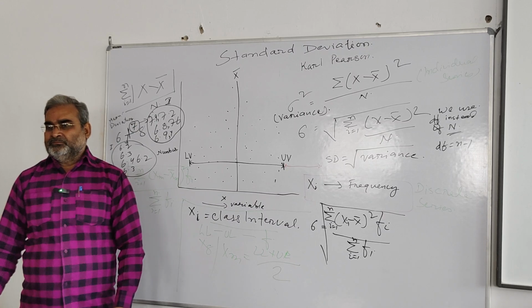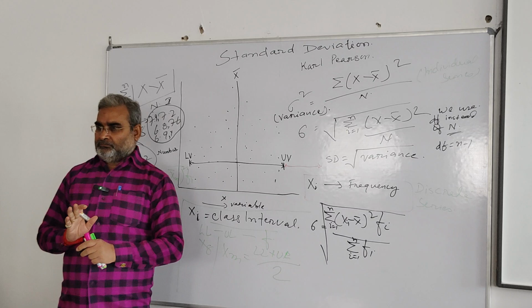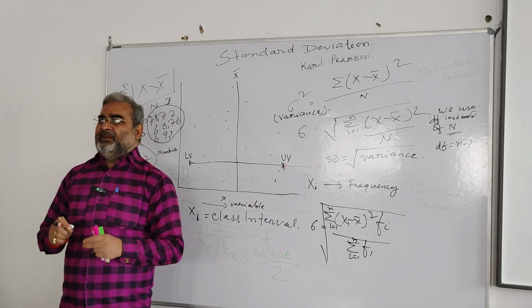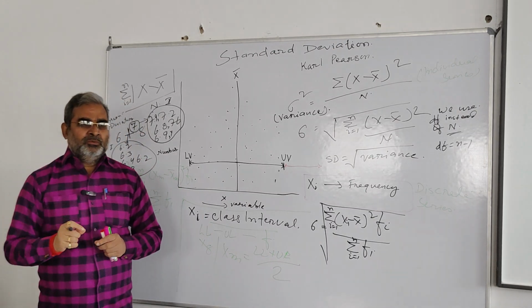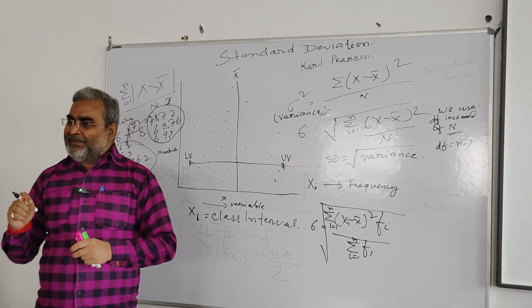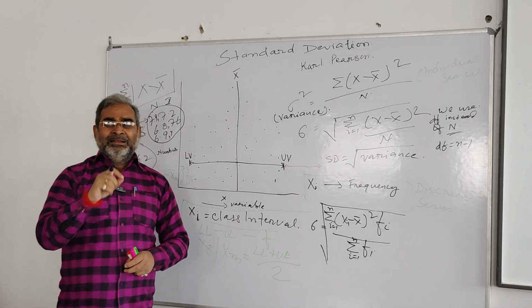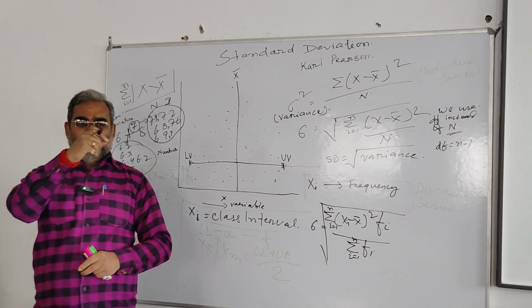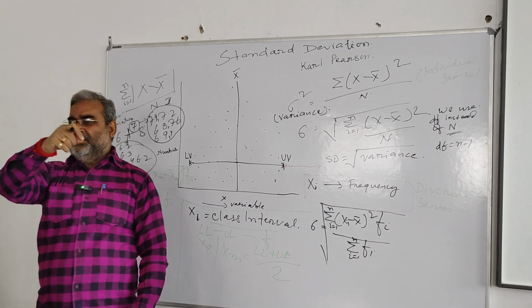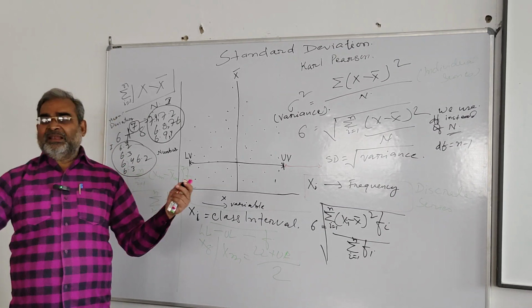Okay, कोई problem नहीं. But sometimes we have compulsion to use the continuous series. कैसे कंपल्सन हो जाता है कि सपोज द वैल्यू इज इन कंटिन्यूअस नेचर, जैसे अभी हीमोग्लोबिन की बात हो रही है, इट इज द कंटिन्यूअस नेचर एंड द सैंपल इज लार्ज.